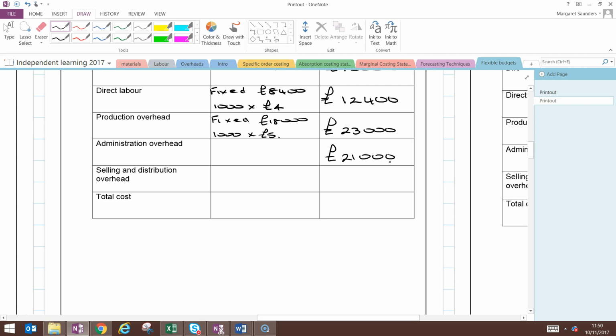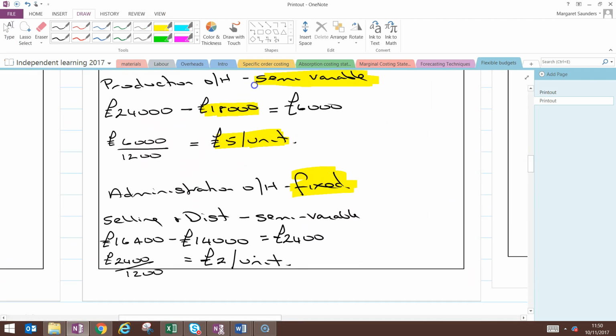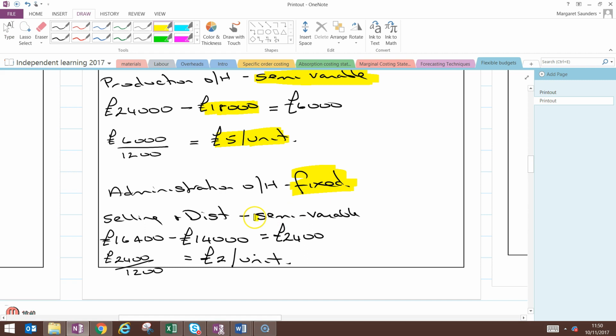And finally, the selling and distribution overhead. We identified as semi-variable. So there is a fixed element of £14,000 and a variable element of £2 a unit.